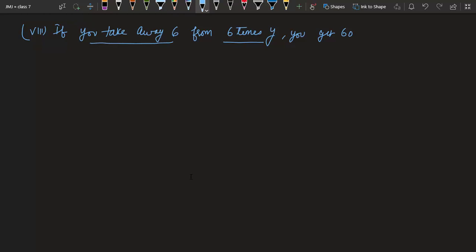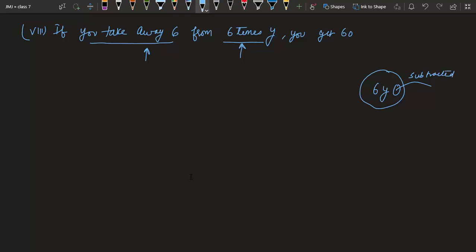So you have to understand which will come first, which will come second. They are saying something is taken away from 6 times y. 6 times y means 6y, and something is being subtracted from this. So this gives me an idea of the equation form.